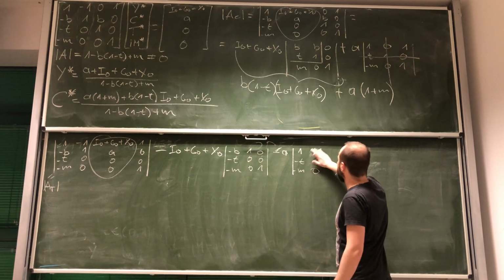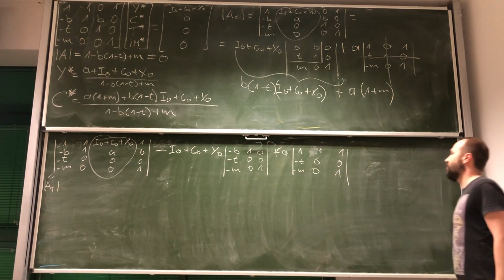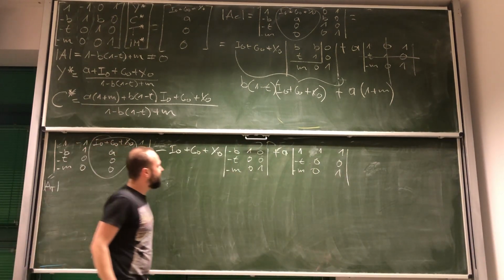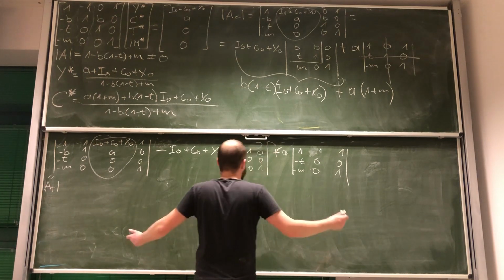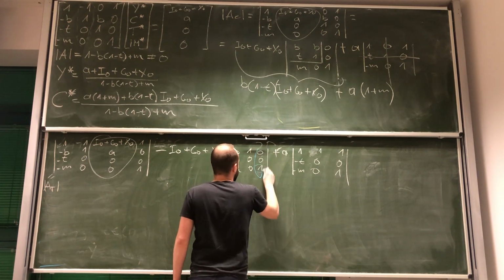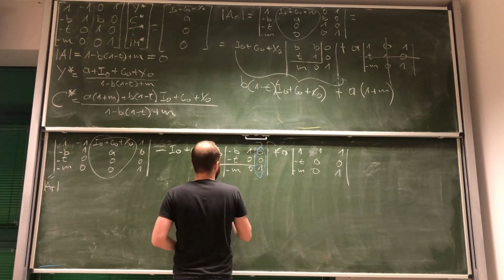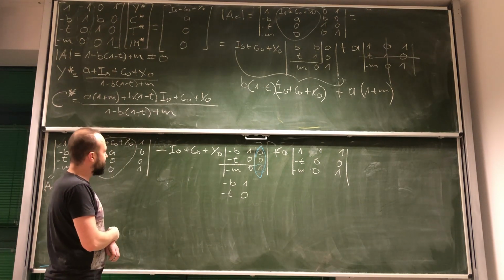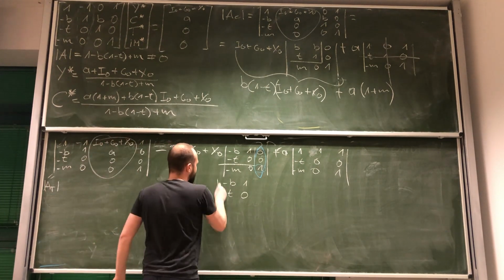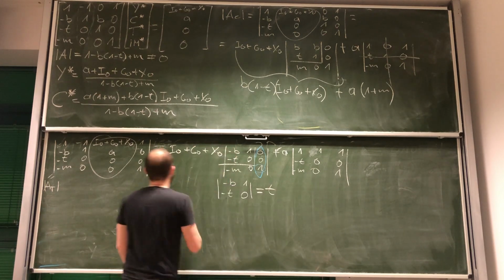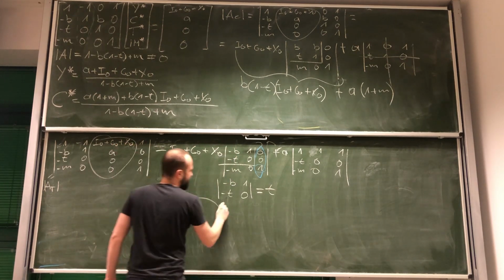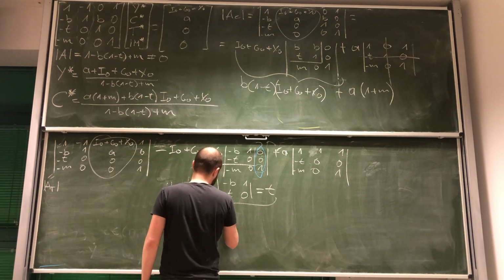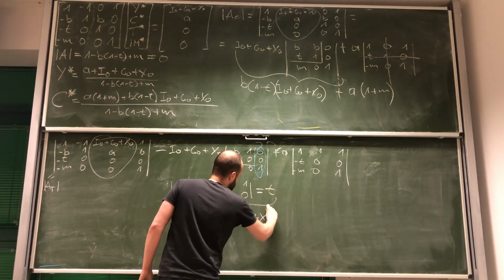Okay, so just to make things clearer, let's move this minus over here, and let's see what we can do. Here again I would recommend expansion, let's just say by this row. So what we get as a result is negative B times negative T, 1, 0, which actually gives us simply T. So this entire part from here is equal to T times I0 plus G0 plus X0.